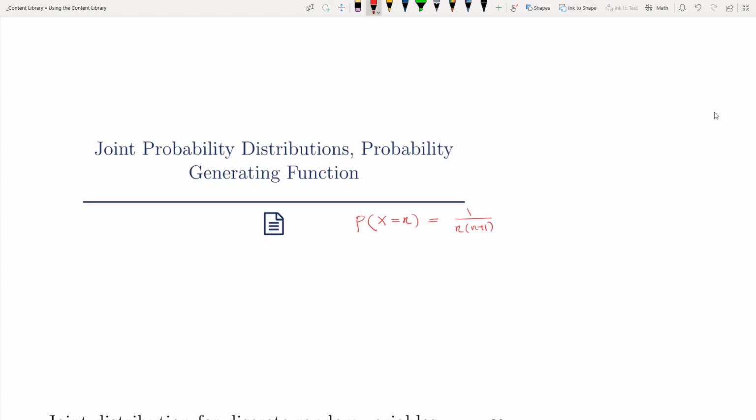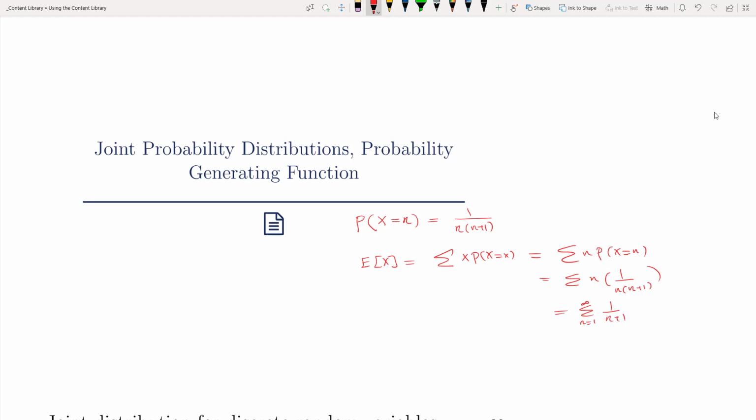Once you define this, you can calculate the expected value, which is going to be the sum of x times probability X takes little x. So in our example, it is n times probability X equals n, which is n times 1 over n times (n plus 1). Now this is going to be the sum of 1 over (n plus 1), starting from 1 to infinity.